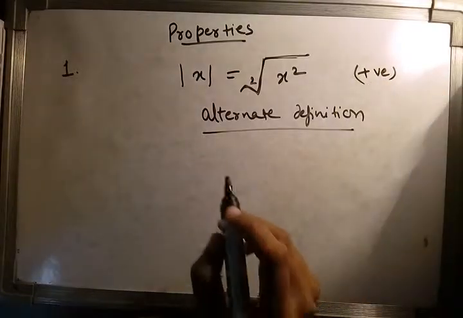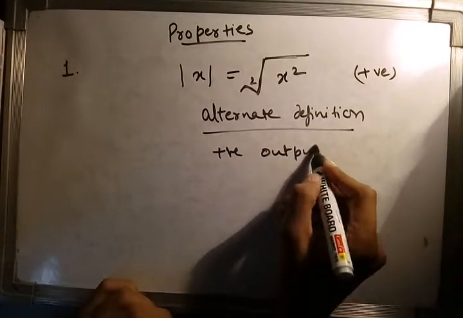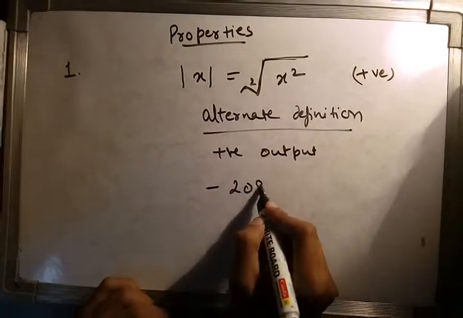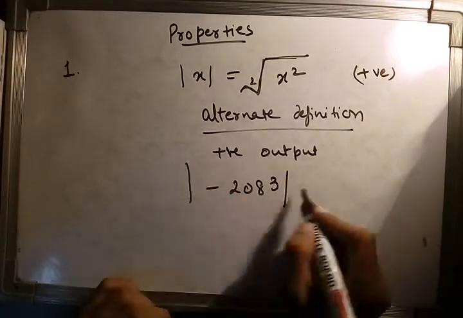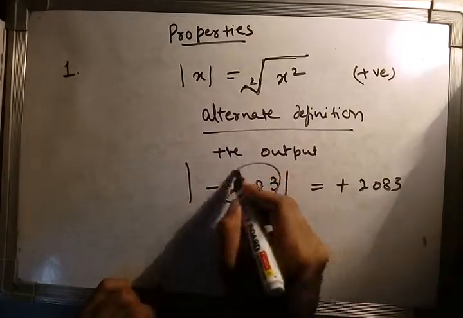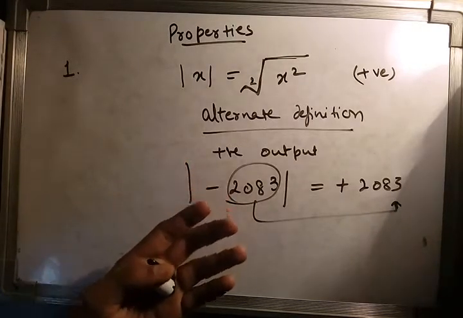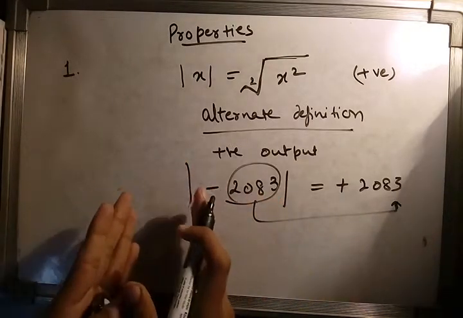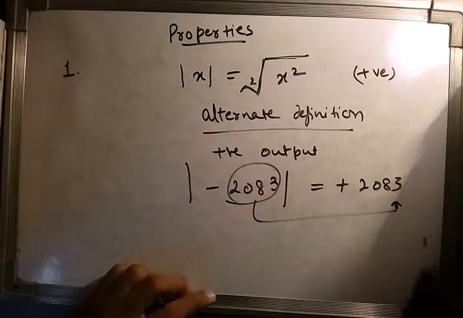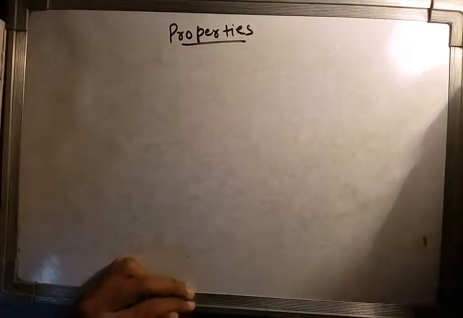Actually, modulus function always gives positive output. Whatever the number is, be it minus 2083, modulus function will always give plus 2083. It is only the number with the positive sign. So it is just the distance of 2083 or minus 2083 from 0.